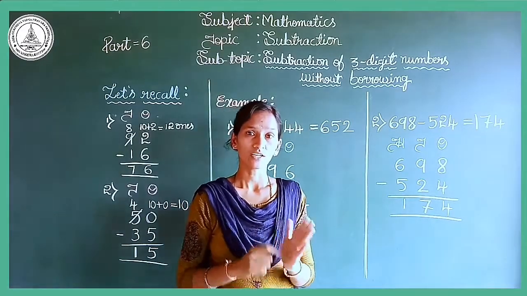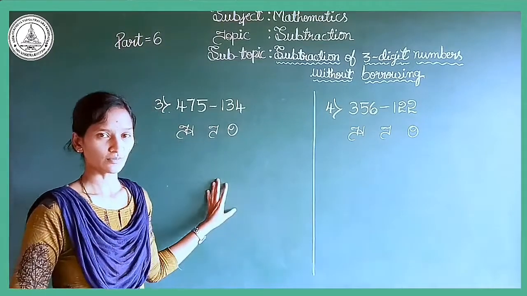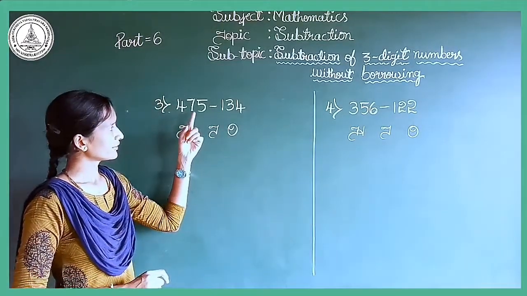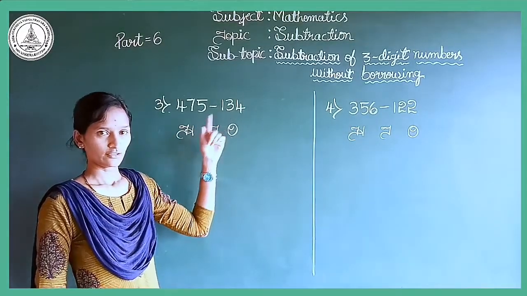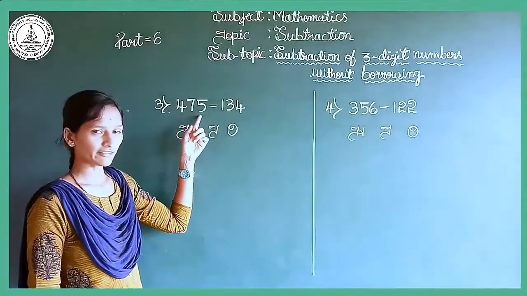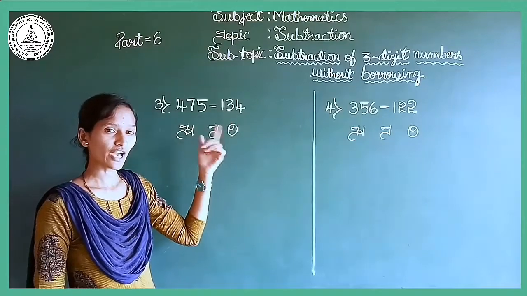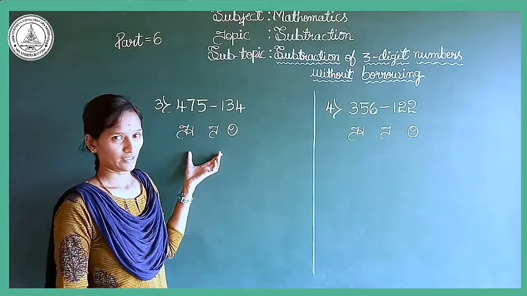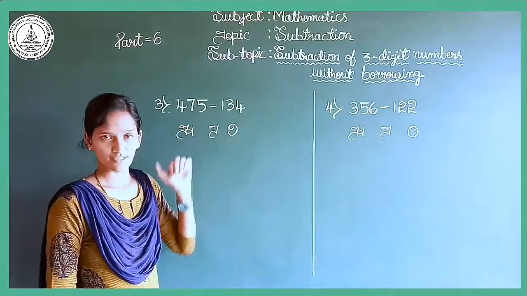Now I will give another 2 problems to you. The third problem is 475 minus 134. So in this problem, which is the big number? 475. The small one is 134. So first we have to write the bigger number under the columns of hundreds, tens and ones.